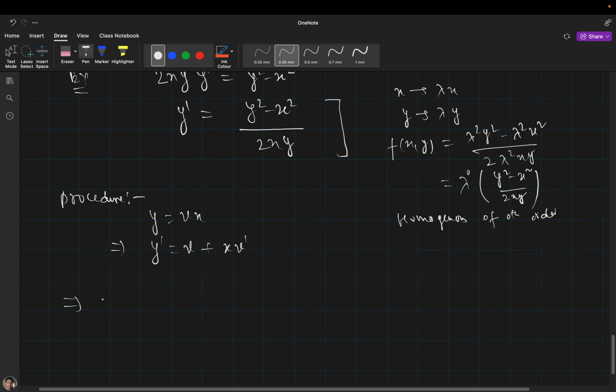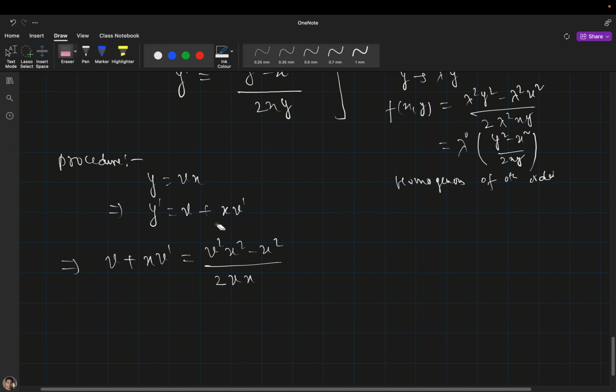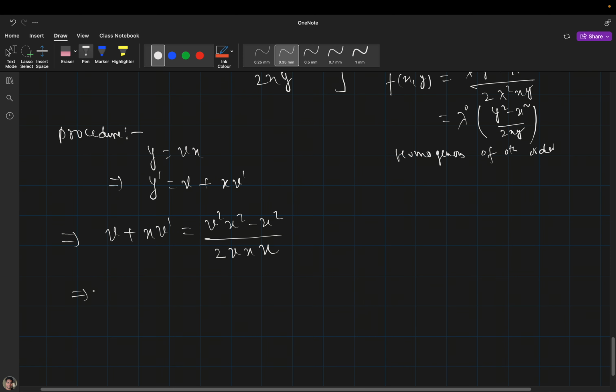You will get v plus x v dash equal to, at the place of y write vx, v square x square minus x square divided by 2 v x times x. Now you will get v plus x v dash equal to x square, which will cancel out, so you will get v square minus 1 divided by 2v.